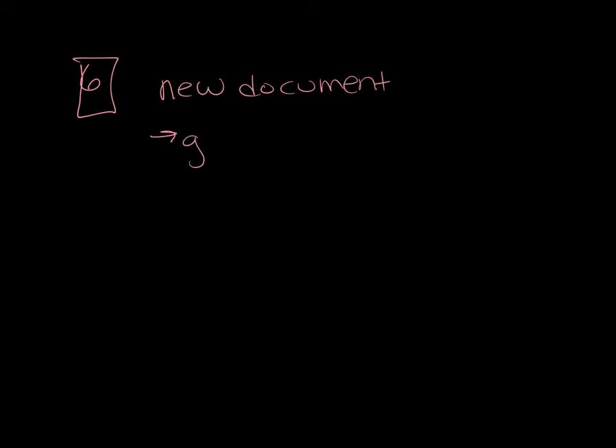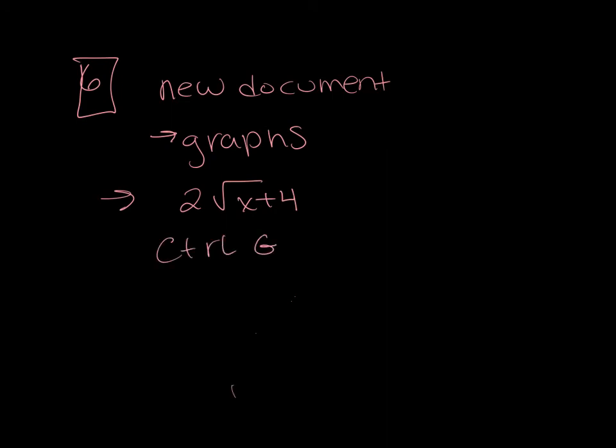Alright, for number 6, I'm not going to do it for you, but I'm going to show you how you're going to type it in your calculator. You're going to go to New Document, and you're going to go to Graphs. And you're going to type in the first equation, which is 2 square root of x plus 4. And you are going to type in the second equation. To get to the next equation, you press Control G, and you're going to type in 6.